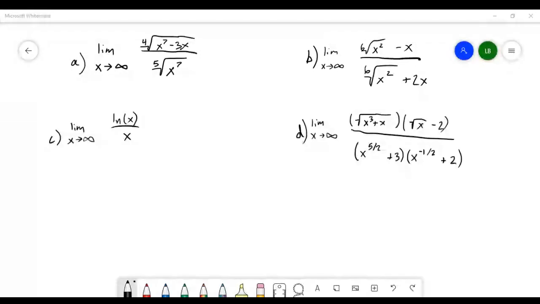All right, go ahead and try those ones out. These ones are a little harder than last week's, but I think you can do them.